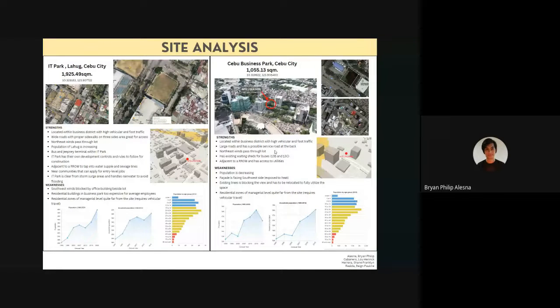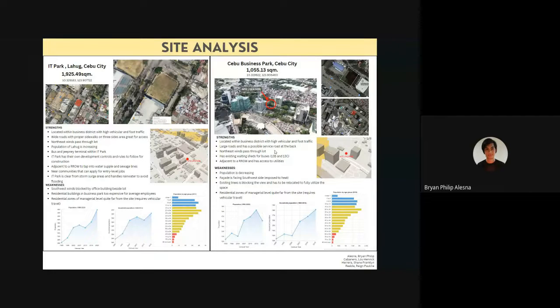So here are the sites. Our first site is here on the left, which is in IT Park, Lahug, Cebu City. To summarize its strengths, it has its road right of way already, it has existing utilities, and it's located within a business district with high vehicular and foot traffic.